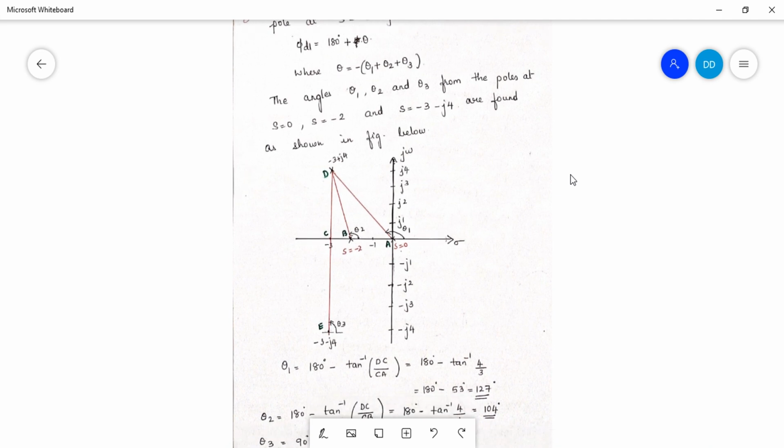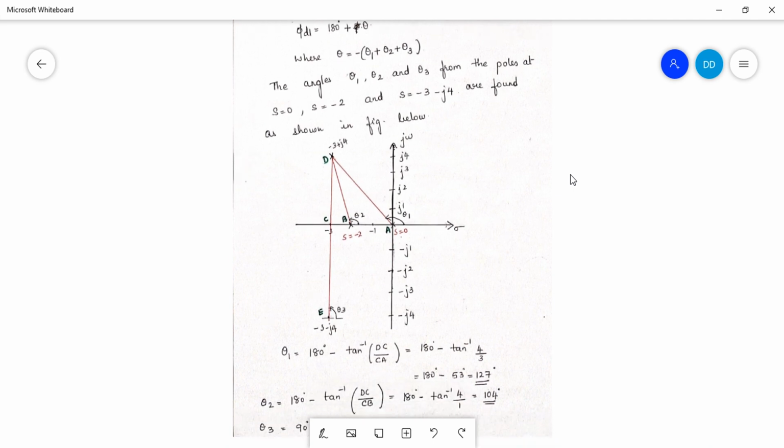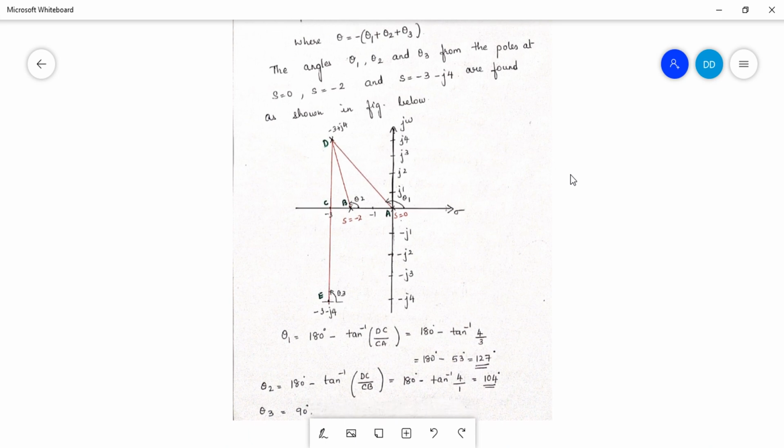So how are we going to find it? As you can see, I have marked the lines from s equal to 0 to minus 3 plus j4, similarly from minus 2 to minus 3 plus j4, and from minus 3 minus j4 to minus 3 plus j4. Theta 1 is the angle made by the pole located at s equal to 0.